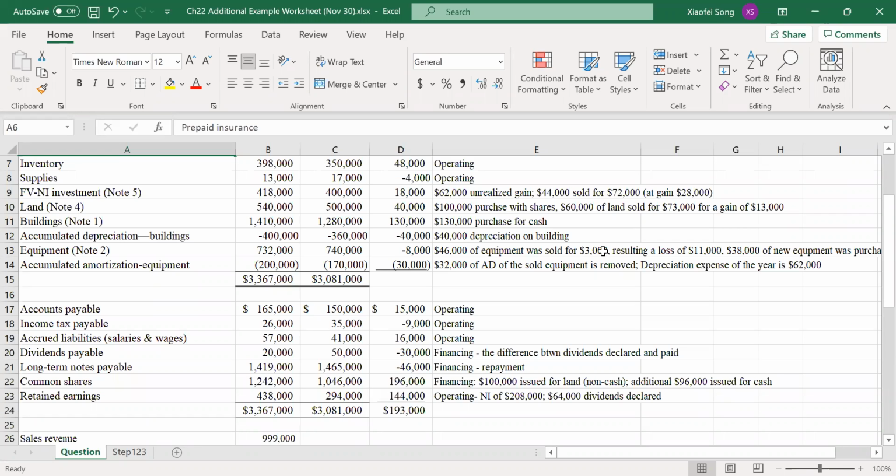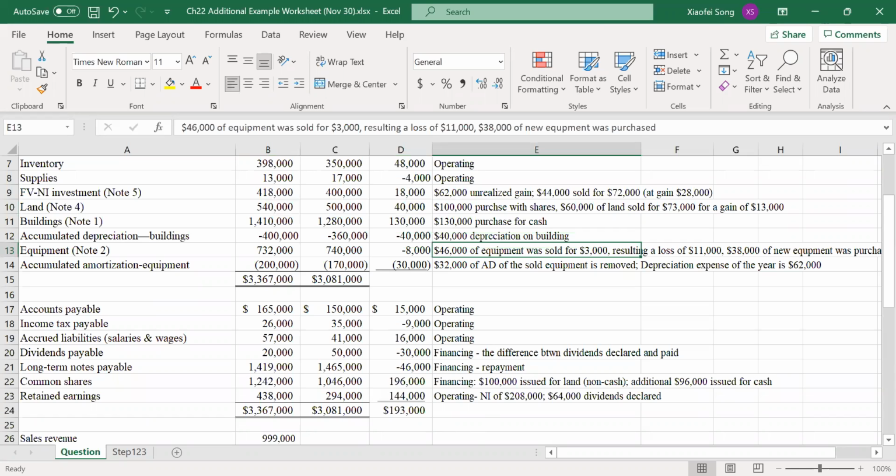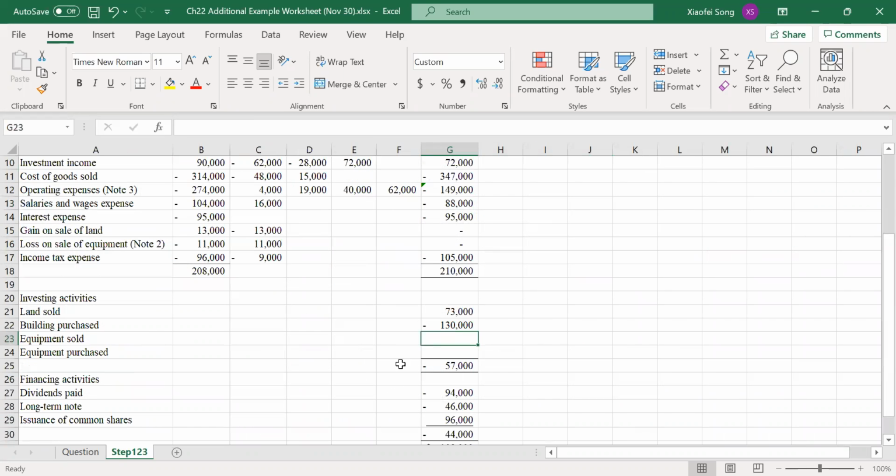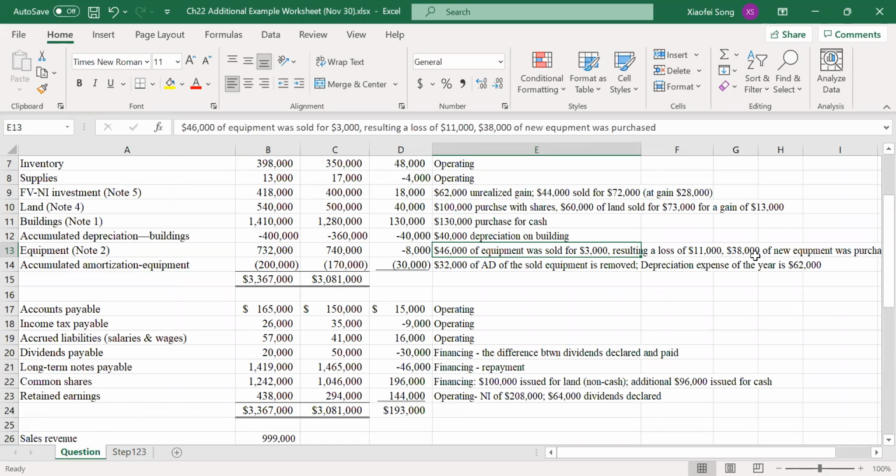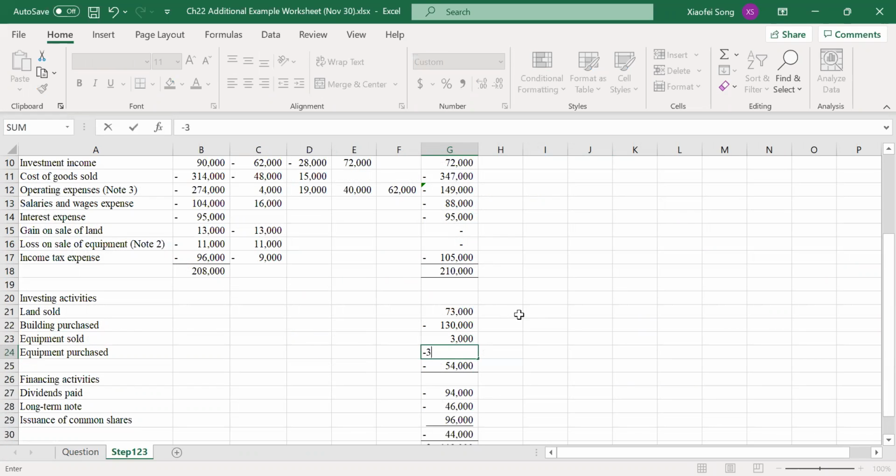So we concluded that the proceeds from sales is 3,000. We did that analysis last time. And then the last one, we also figured out 38,000 paid for new equipment. So that's 38,000.